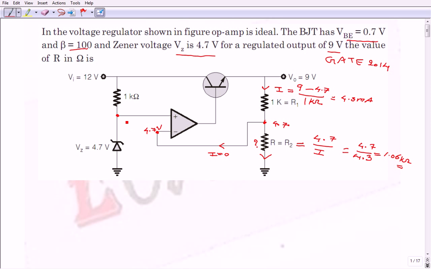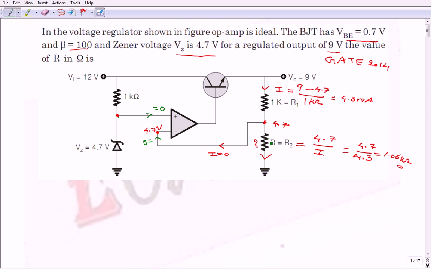Because of that, we assume the biasing currents are 0, and here also the current flowing in is 0. So the voltage will be the same because of the ideal op-amp. Here also 4.7, here also 4.7 you will get. That is the same node, where you get 4.7 volts, which is the voltage drop across this R. If you know the current flowing through this R, you can calculate the R value.